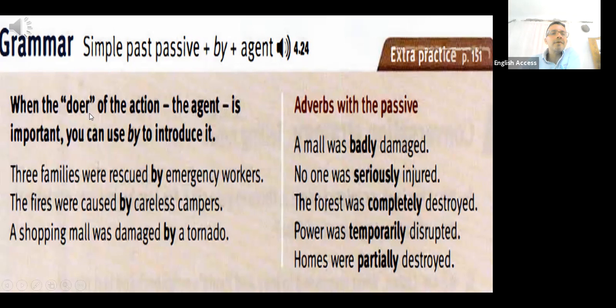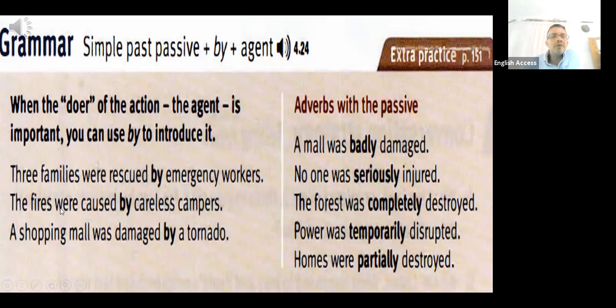The doer, remember, or the agent is important. You can use by to introduce it. For example, 3 families were rescued by emergency workers, right? Emergency workers is important to mention. That's why we say by emergency workers.